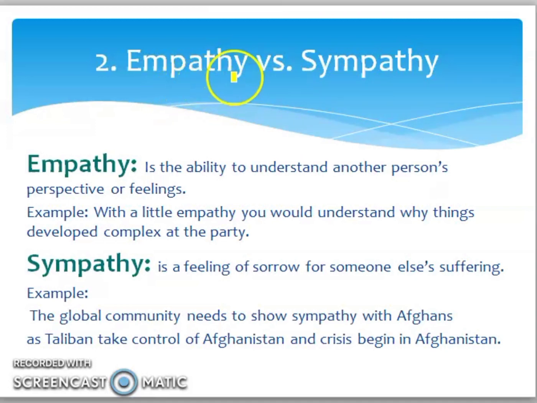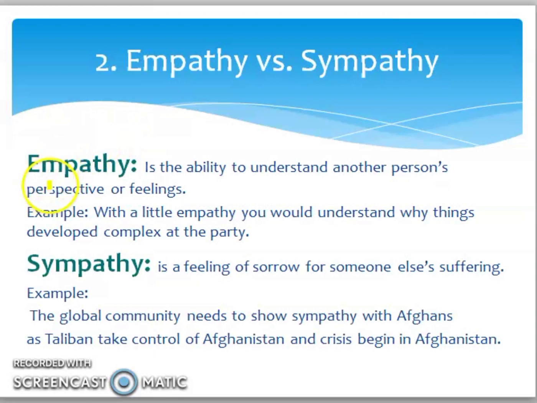Let me start by saying that in both words we see the root word path, and I have already recorded a lesson on this root in my previous lessons. You could watch it. Path is a root which means feeling, like sympathy, empathy, apathy, and so on.